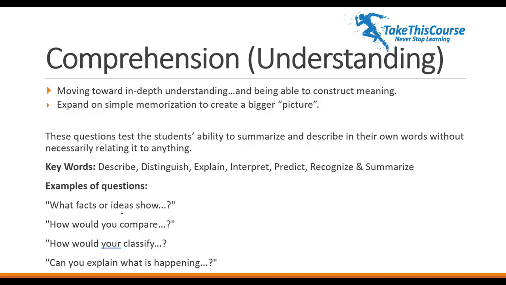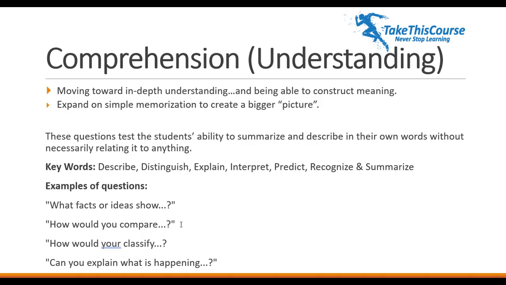I've given different examples of questions here, but it depends on the nature of the assessment and the nature of the information that you want to test. So questions can be different from scenario to scenario. The keywords can include describing, distinguishing, explaining, interpretation, prediction, recognition, or you can even ask them to summarize something. So these include your Bloom's taxonomy level 2 questions.